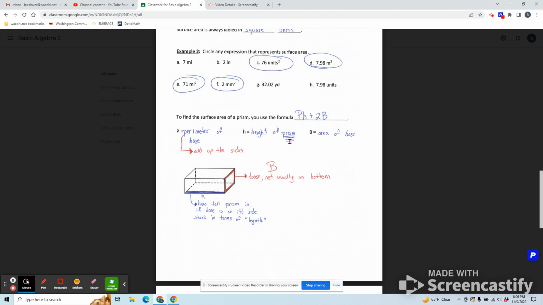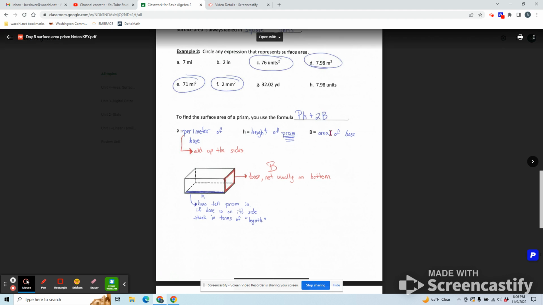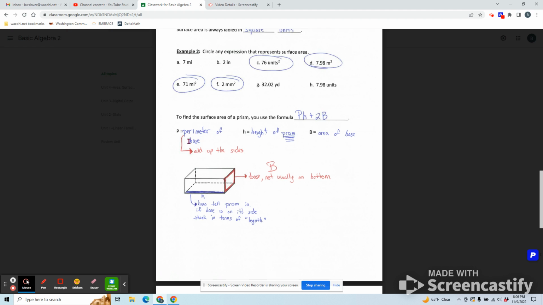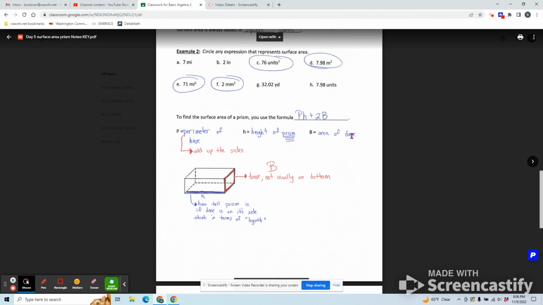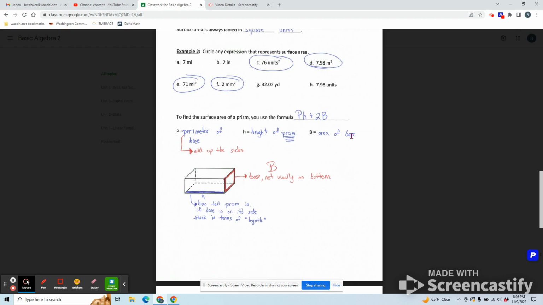Not of the base, but the height of the prism. And then the uppercase B represents the area of the base. So notice that in 2 separate parts of the formula, we are focusing on the base. And that's why I am going to have you highlight, outline, trace the base, because it is important. We use it several times in order to find our surface area or volume.